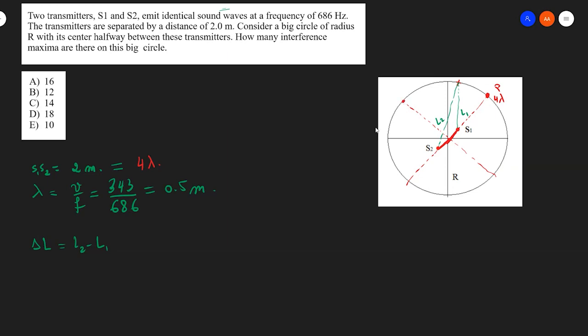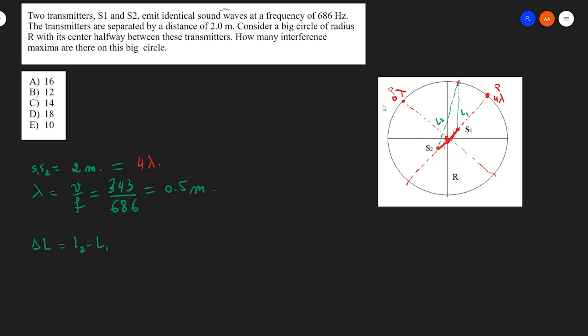Here, at the perpendicular point, you see I took it perpendicular to S1 and S2, and at the same time it's the center, right? So I know that the distance from P to S1 and P to S2 is the same. The difference, delta L, as defined here, will be 0. So I can write it as 0 lambda.